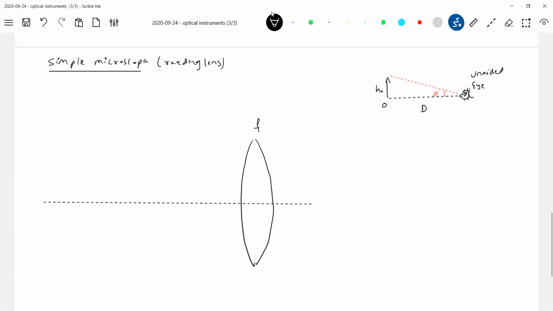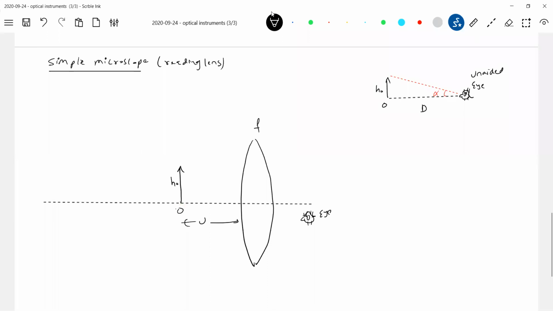Focal length of this is F, and this is the eye. The same object is kept here. This is H naught, this object, let it be at a distance U.